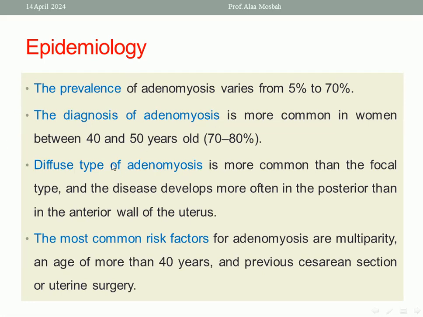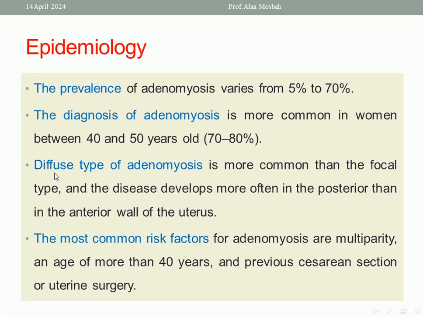The diagnosis of adenomyosis is more common in women between 40 and 50 years old. This constitutes 70 to 80% of cases. Women below 39 years old constitute 5 to 25%.